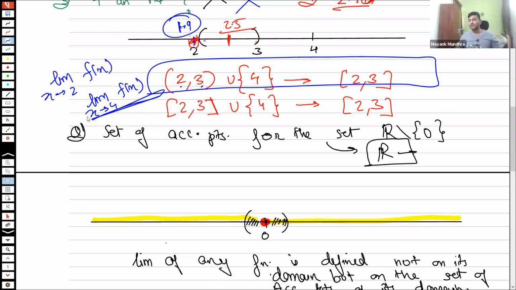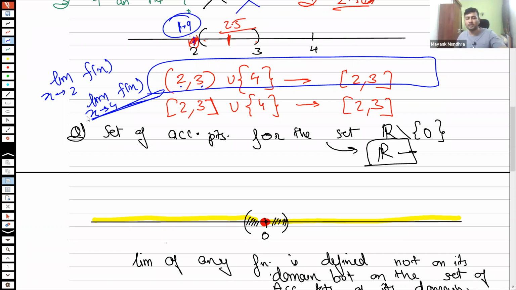So the only thing that I want you to know is that sometimes when you're reading a textbook of higher algebra, or maybe you're appearing for an exam and the examiner just wants to irritate you, they would give a phrase like limit x tending to c of f of x, where c is an accumulation point of the domain of the function.